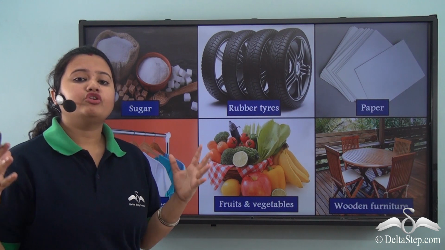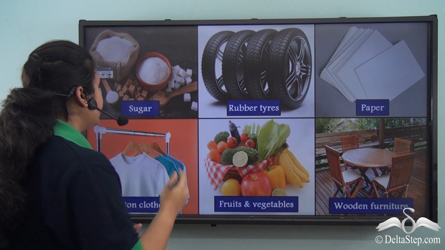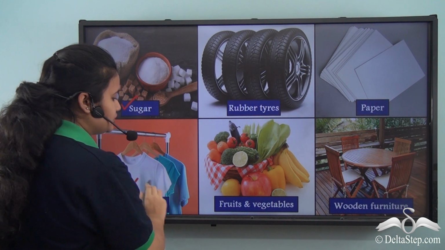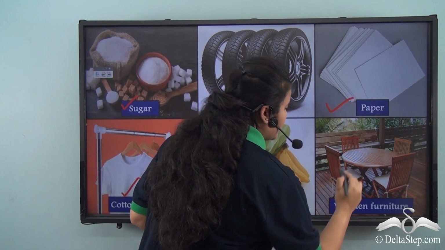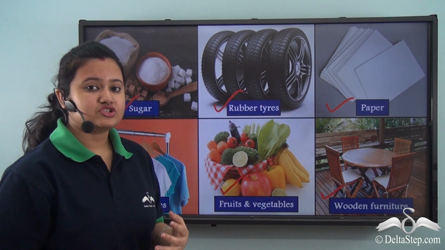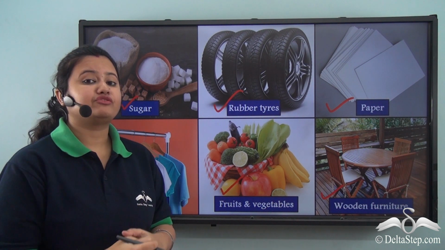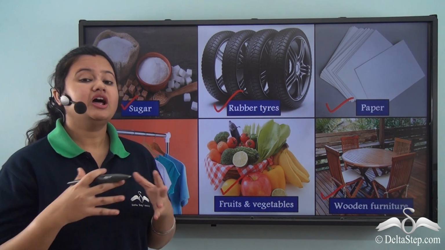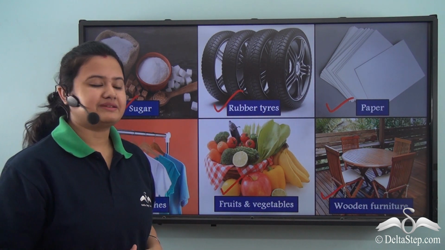Now, a number of products that we use in our daily lives like sugar, cotton clothes, fruits and vegetables, rubber tires, paper, wooden furniture, etc. are obtained from plants. Thus, apart from oxygen and water, plants also provide us with numerous valuable products.